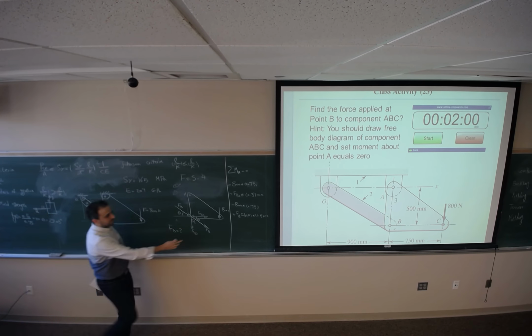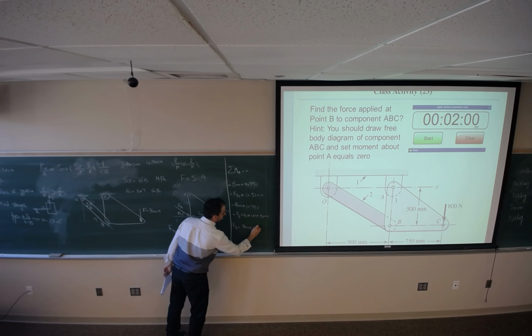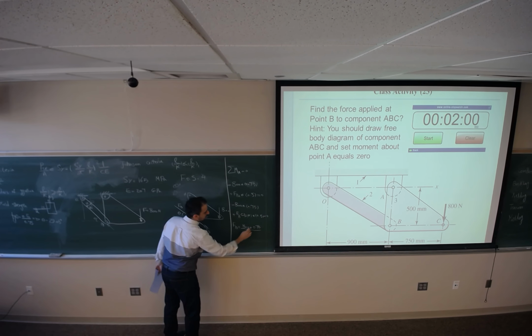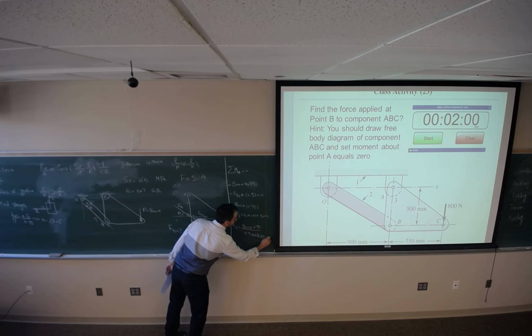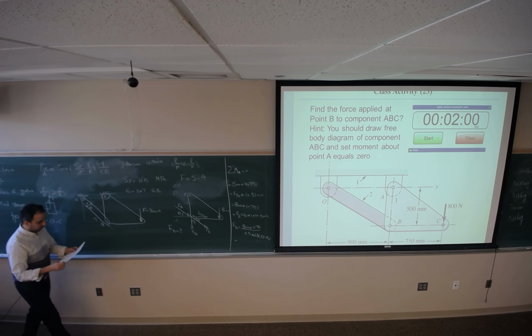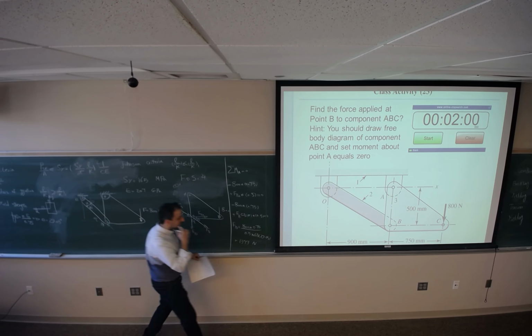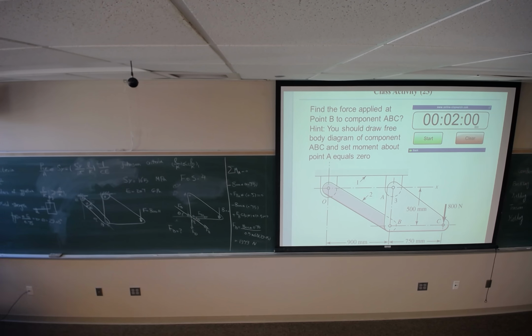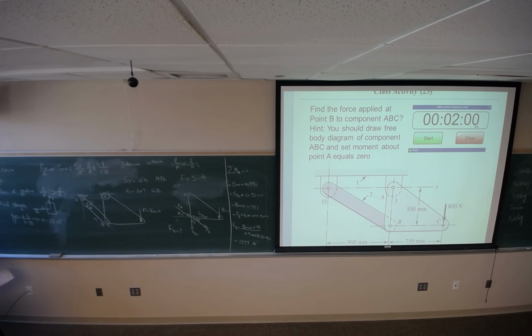So you have theta, you find FP. FP would be 800 times 0.75 divided by 0.5 times cosine of 29.05. You will find FP equal to 1373 Newton. So at point B, this force FP is going to apply here with the magnitude of 1373.